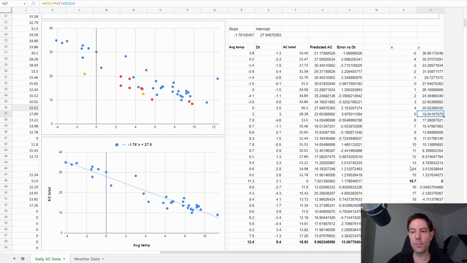What's particularly interesting here is that I've highlighted one particular value of 15.7 degrees C, which is obviously off the right-hand side of this chart, but that's where this line would cross the x-axis, and that would mean that's where we would need 0 heating. So any temperature below 15.7 degrees, we would expect to need to heat the house a little bit.